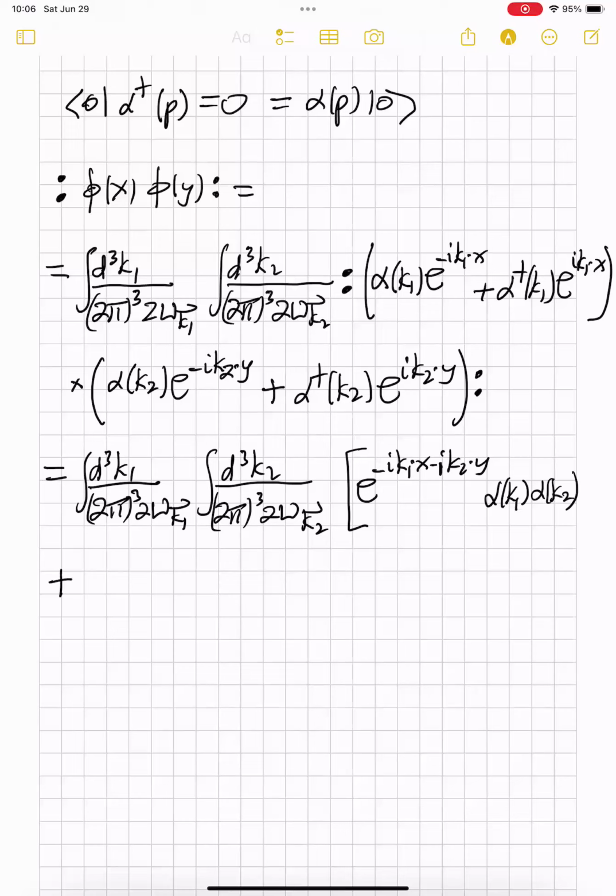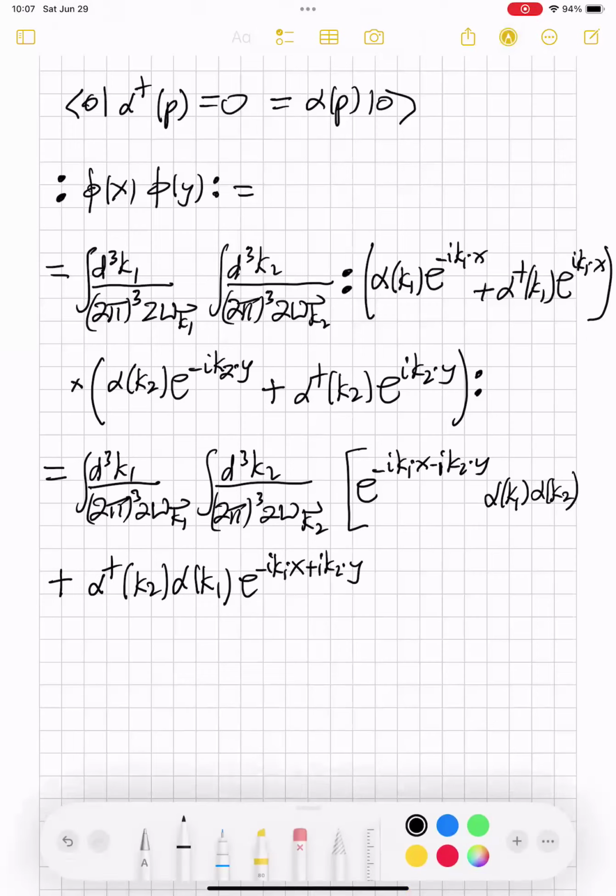plus, now let's multiply the outer terms. So the alpha of k1 times the alpha dagger of k2. Now, can you see that this comes in the wrong order? We must have the creation operator first. So we need to write alpha dagger of k2, alpha of k1, then we'll have e to the minus I k1 dot x plus I k2 dot y.